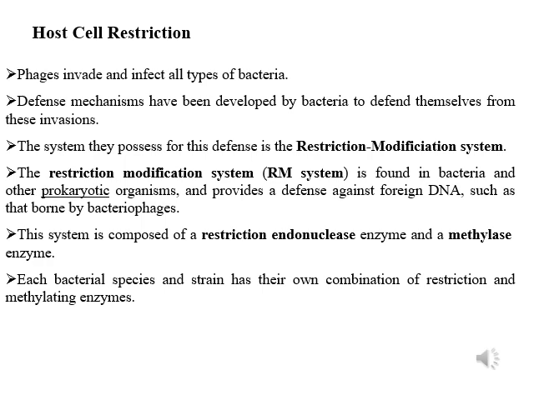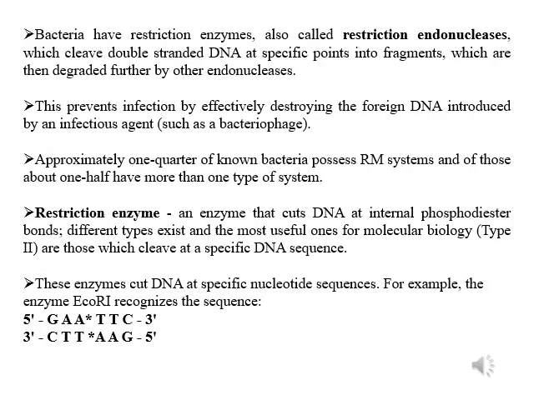Each bacterial species or particular strain has its own combination of such restriction and methylating enzymes. You all have studied restriction endonucleases as well as these methylases. Bacteria have restriction enzymes. What is the role of these restriction endonucleases? Endo means within, and nuclease means they are able to break the double strand DNA.